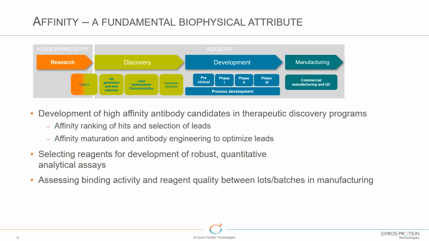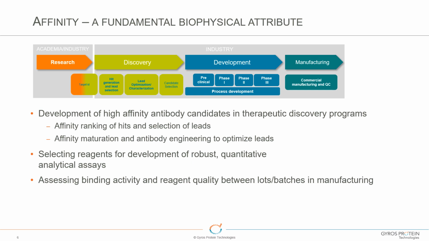So it's a good way of ranking molecules. So pretty much affinity is used throughout drug development, right from early research all the way into manufacturing a drug. It becomes a critical attribute of that molecule to assess the affinity of binding to its target.